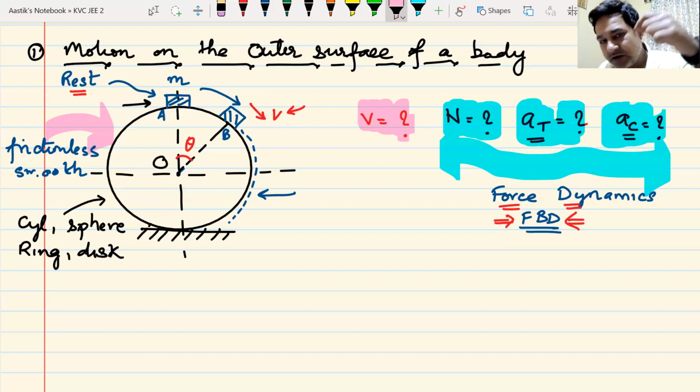Whenever you are asked to find the velocity or speed of any particle, or angular velocity in rotational motion, the first thought that should come to your mind is: this question has to be solved using what?